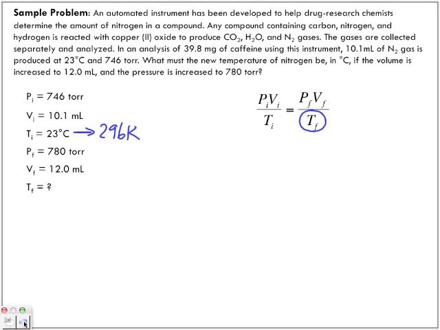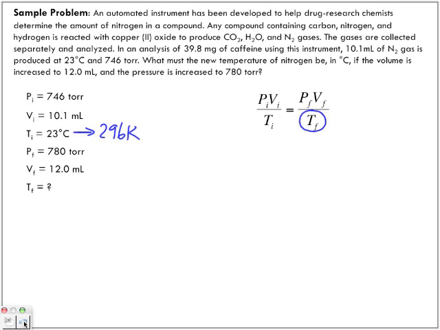So of all these units, I need to find my final temperature. A couple of things that we can do. When our unknown is in the denominator, what can we do? We want to bring it to the numerator, right? That's one way. The other way is to just flip the entire equation, remember? We can flip it, but we're flipping both sides.